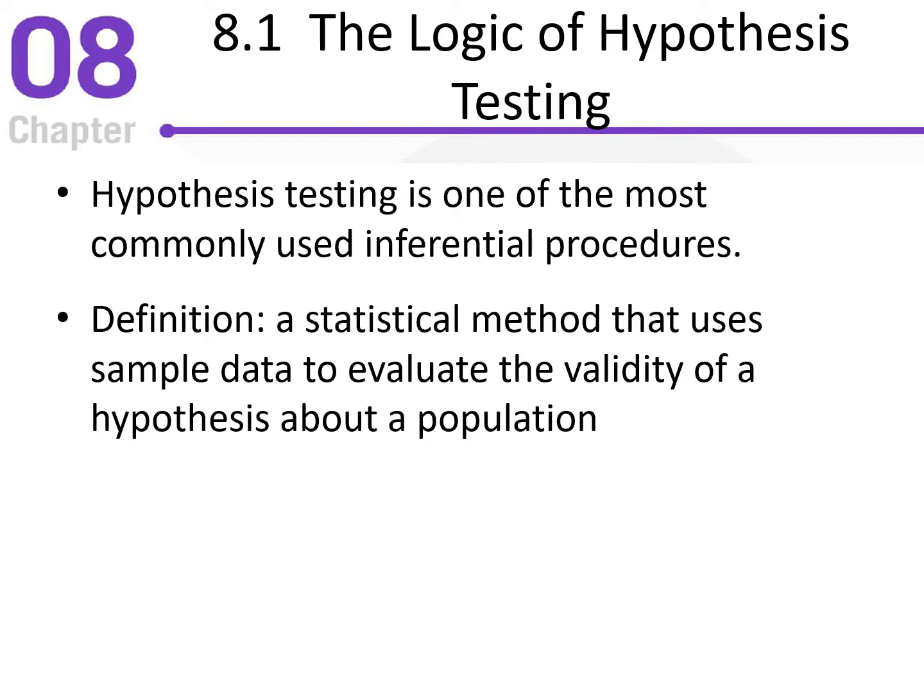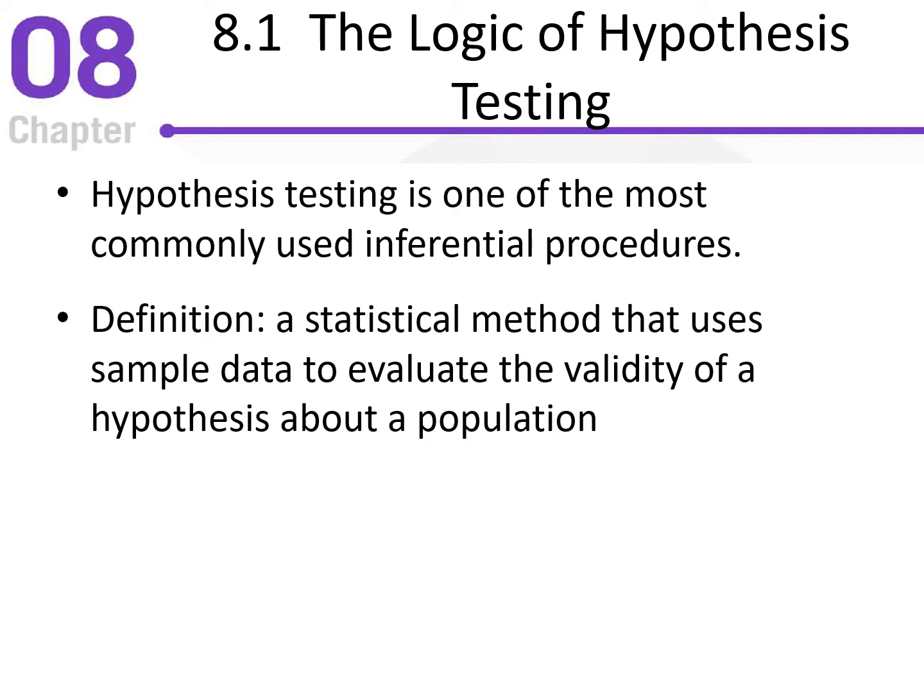Hypothesis testing is a method that uses sample data to evaluate a hypothesis about a population. The hypothesis that you're formulating in your testing is always with regards to the population. However, we cannot measure the population, so we have to gather a sample, test our hypothesis, and then based on our results, draw the inference from the sample to the population.